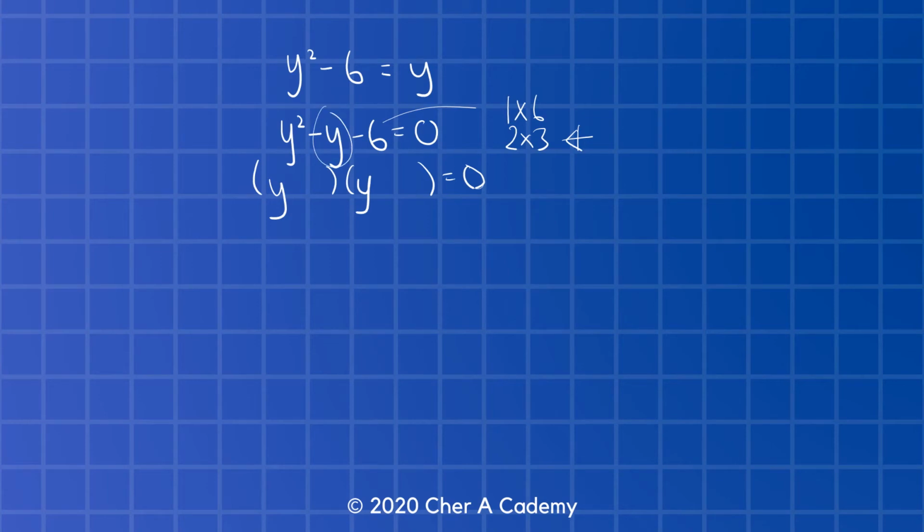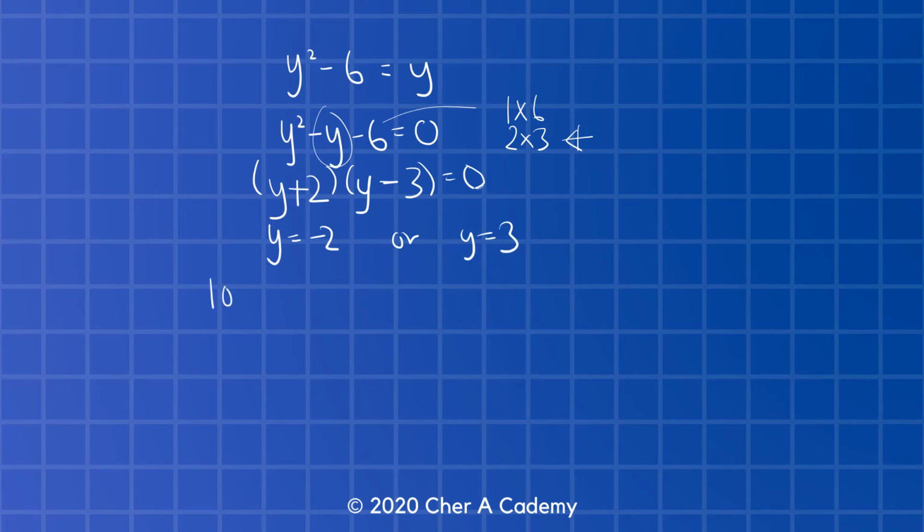So by adding or subtracting 3 and 2, it will give me 1. I will put my minus sign at my 3 and my plus sign at 2 so that it gives me negative 1. I'm going through this very fast because this belongs to another chapter, the quadratic equation chapter. So y equals negative 2 or y equals 3.